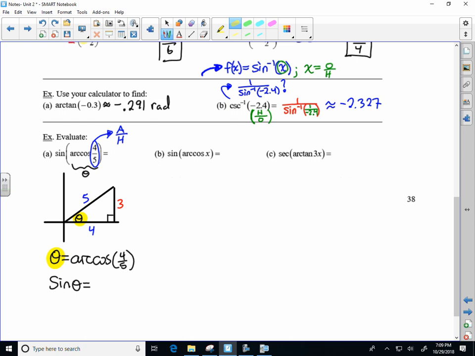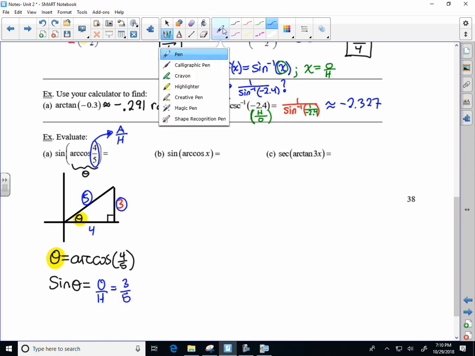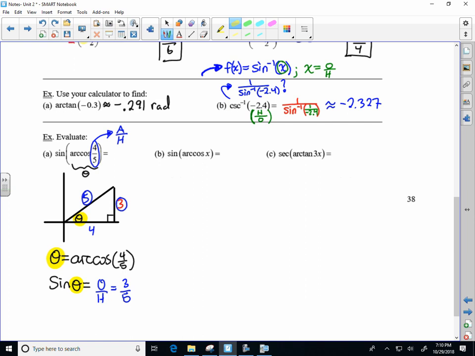Since sine is opposite over hypotenuse, I have my opposite, I have my hypotenuse, because we're still talking about the same triangle. Honestly, why wouldn't we be? We've only drawn one triangle. The relevant ratio would be 3 over 5.